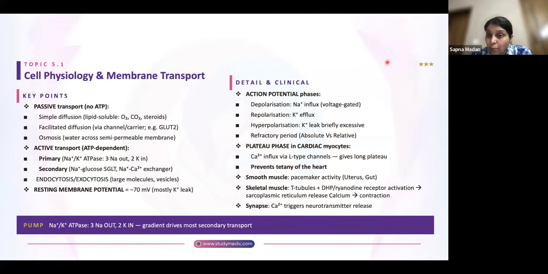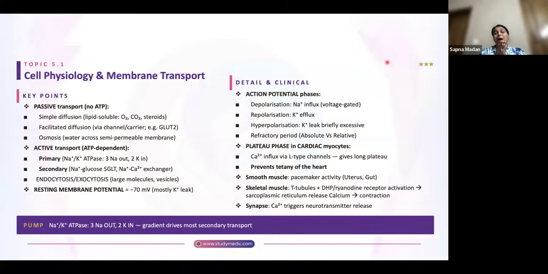It comes down to normal, but the cell is not satisfied yet. There's a potassium leak channel which is also there, and the potassium keeps effluxing. It keeps going out. So there is a time of hyperpolarization. This is very brief. This is when the potassium is moving out excessively. Following that, there is a refractory period, as we call it.